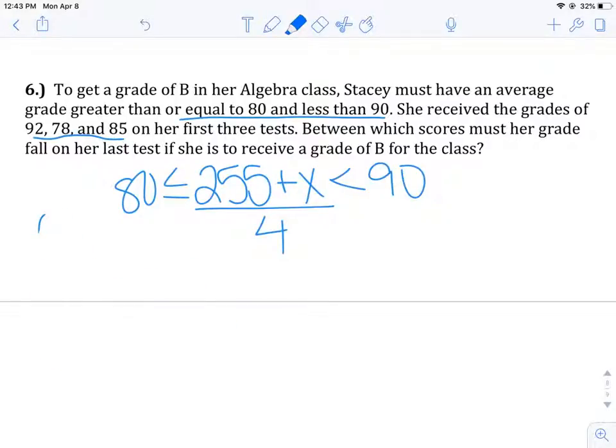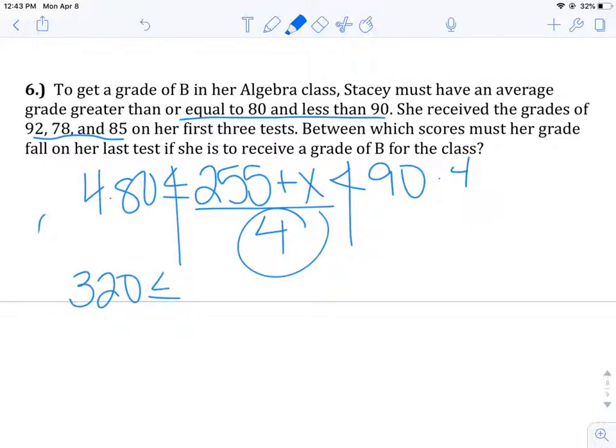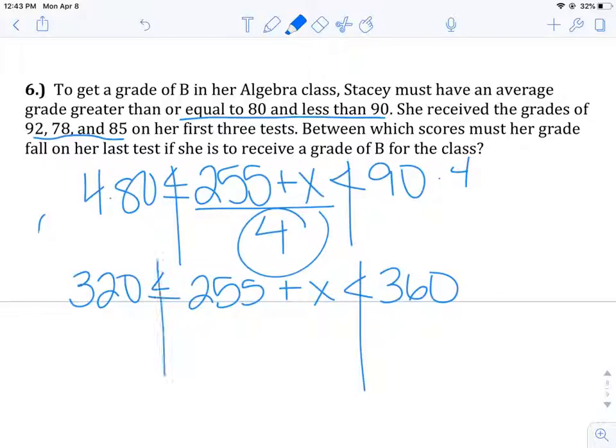So to solve, we are going to draw the lines through the inequalities. First thing we want to do is get rid of this dividing by 4. So we're going to multiply both sides by 4. So that gives us 320 is less than or equal to 255 plus x, which is less than 360. From here, again, we're going to continue to solve.